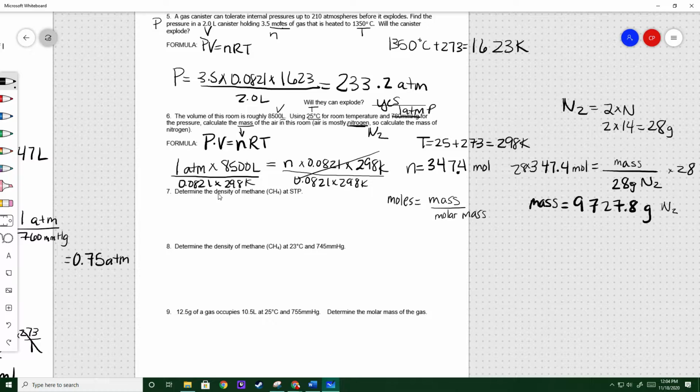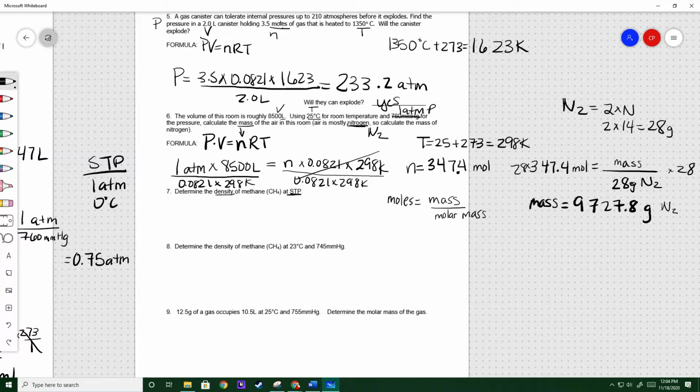Here I want you to determine the density of methane at STP. STP is something that you guys have to familiarize yourselves with. This is standard temperature and pressure. The standard temperature and pressure is 1 atmosphere and 0 degrees Celsius. Okay, so that's STP.